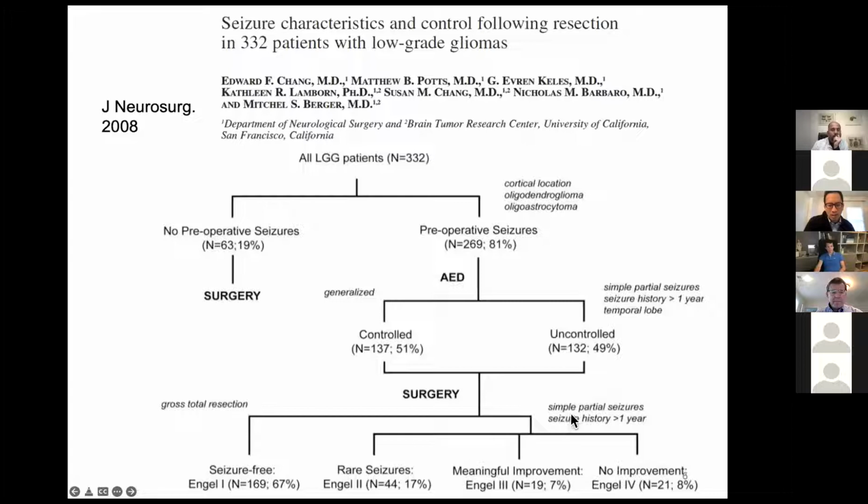And then some other things like longer seizure history and simple partial seizures tended to be associated with uncontrolled seizures. So this is an important starting point for us in thinking about outcomes.